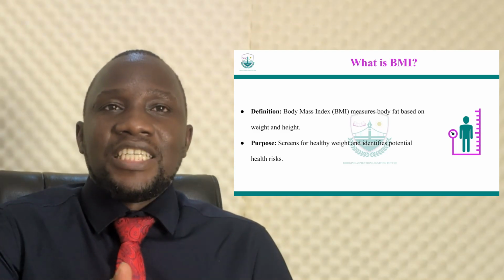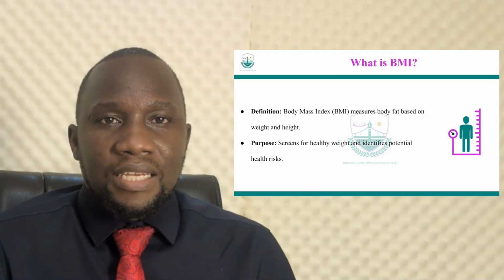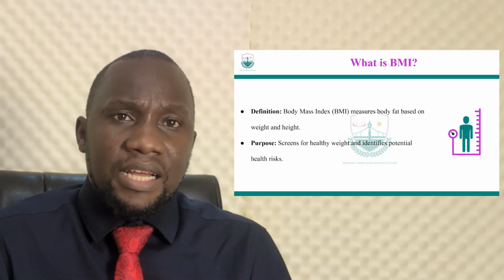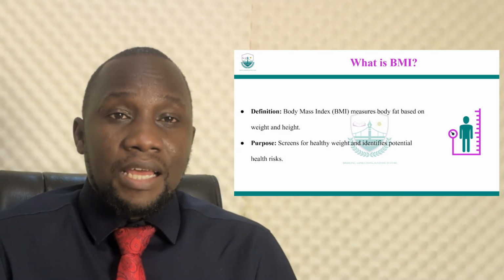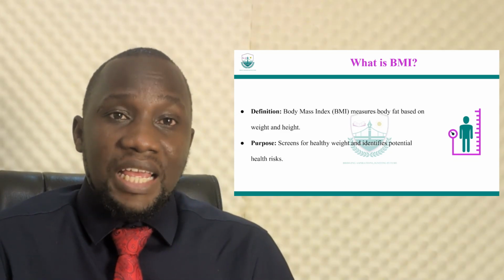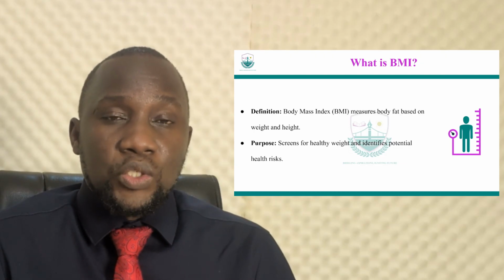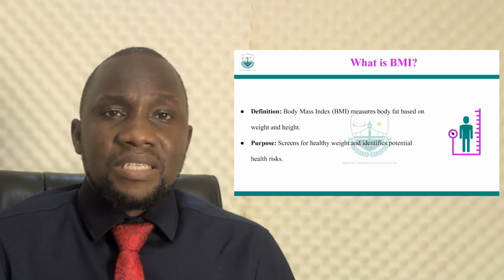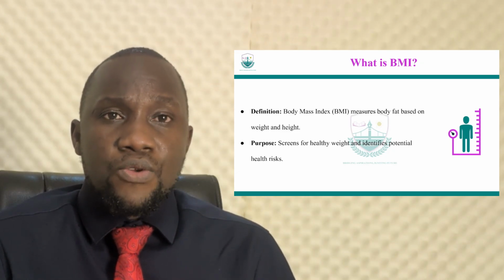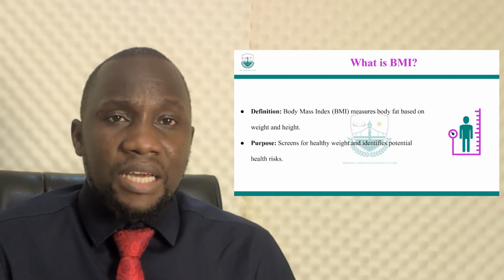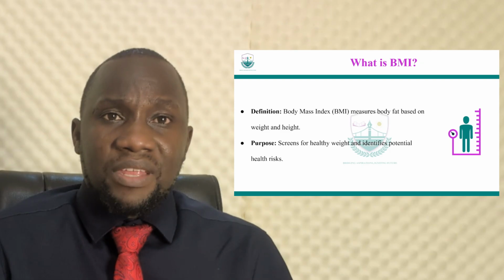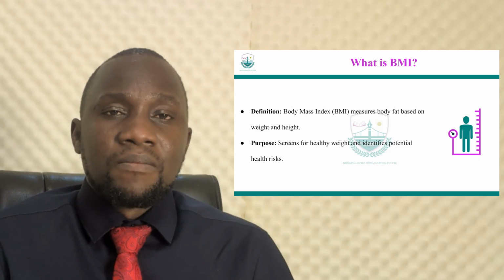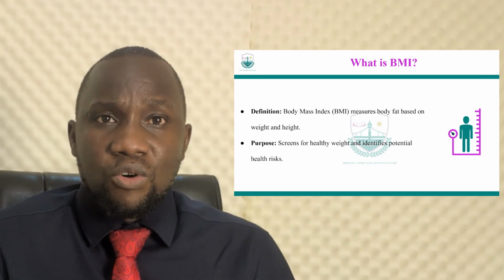It gives us an idea about the potential risks that a person could have. If someone has a high BMI, we can anticipate that this person is likely to have some complications associated with obesity. Someone with obesity has a lot of body weight, associated with the fat in their bodies. This is associated with diabetes, hypertension and other heart complications.